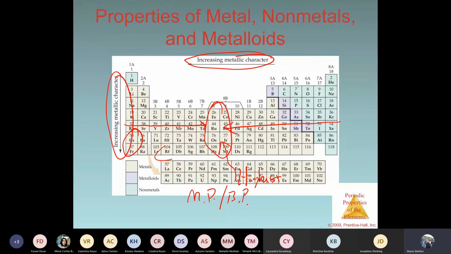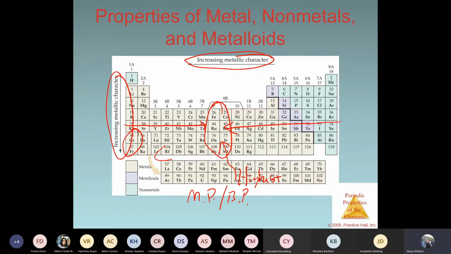So metals that are found in the very middle are very hard, and they're not malleable. Malleable just is a way of conforming. You can hit the metal and bend it into shape. So the harder the metal, the less malleable it is. Okay, so high melting points and high boiling points typically result in very hard metals.